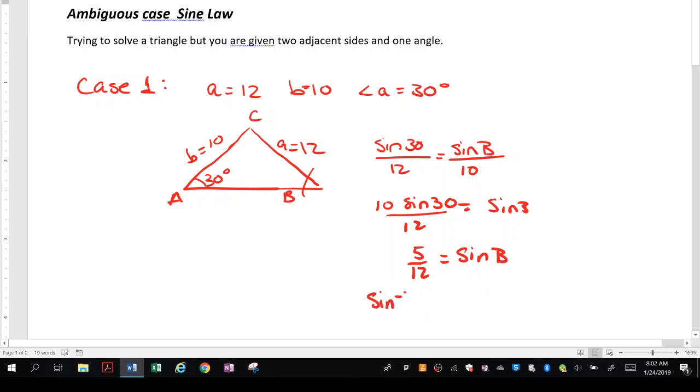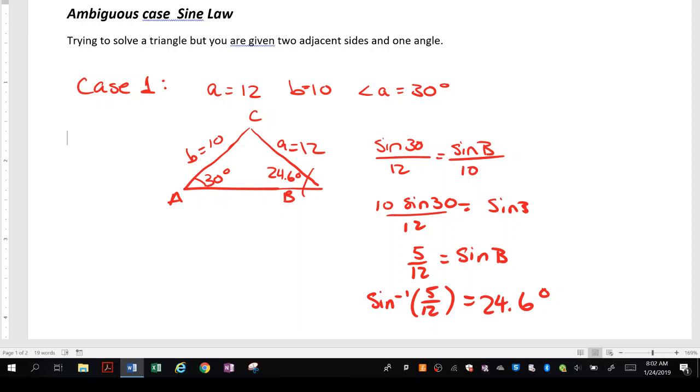So sine inverse of 5 over 12 happens to equal 24.6 degrees. So this angle here is 24.6 degrees. Now we can easily find this angle using the law that the angles in the triangle sum to 180. So this is fine. This is a regular use of our sine law, but this doesn't always occur.